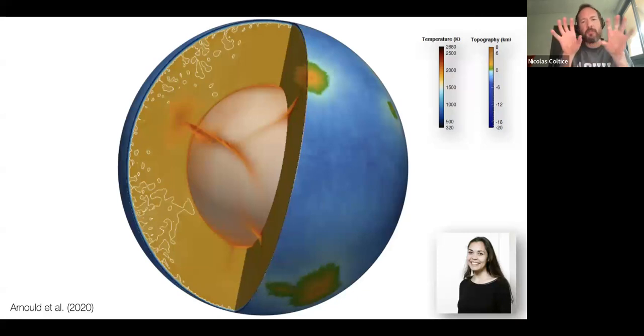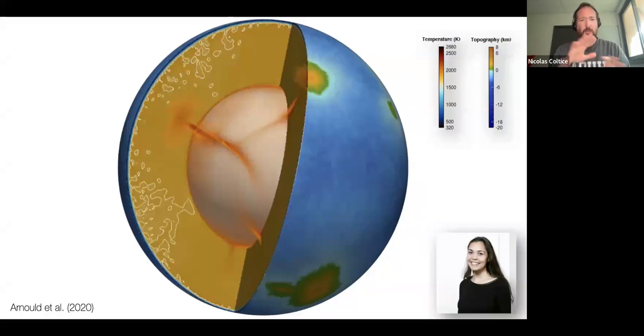So when you put the internal heating, radioactive heating, and this type of viscosity into the equations, and you solve these equations with computers, then you produce this type of convective motion. What you see here is the temperature in colors inside.